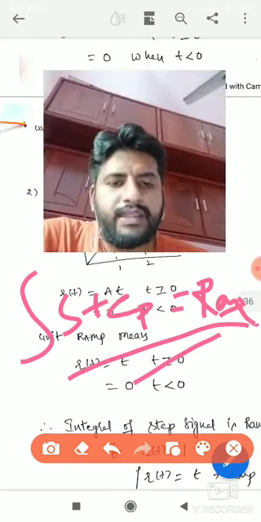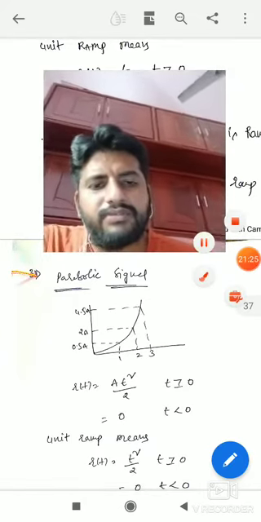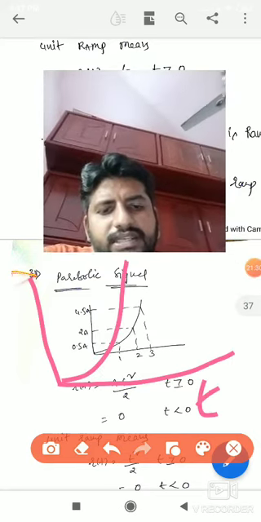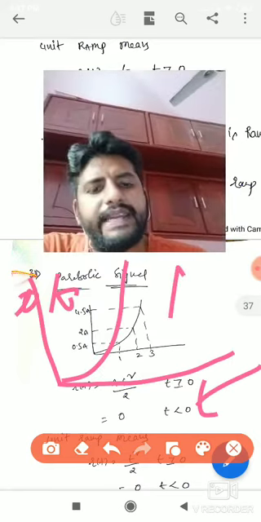All right. After that, parabolic. You know how the parabolic will be: At square by 2. You already studied how a parabola looks. The parabolic signal will look like this. This is time, this is output. So how will it be? At square by 2, like mx square, 4ac under the square root. All these things you know.